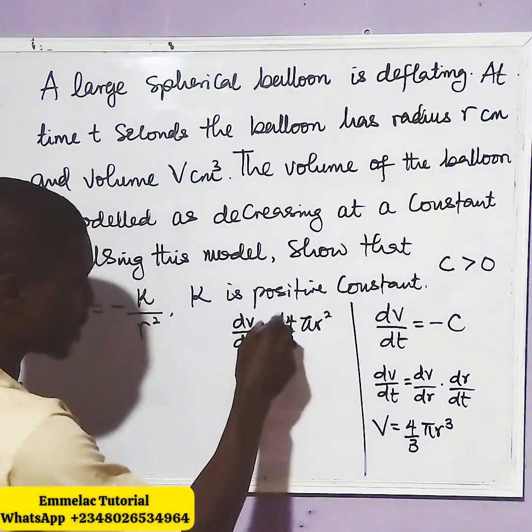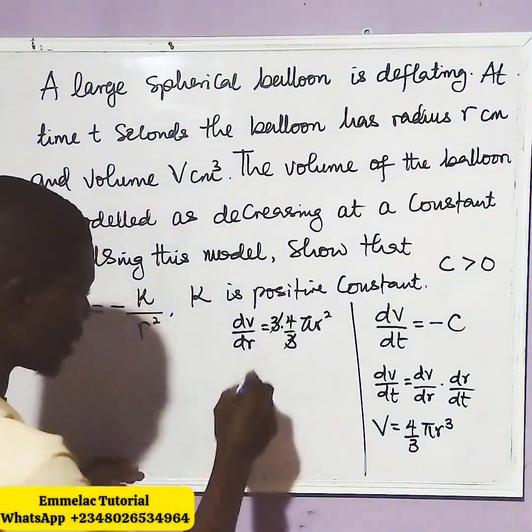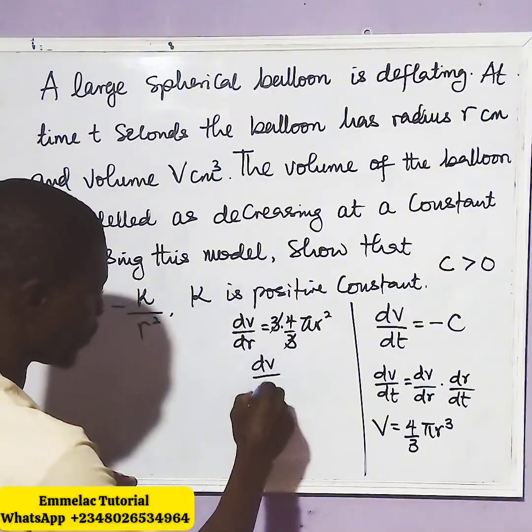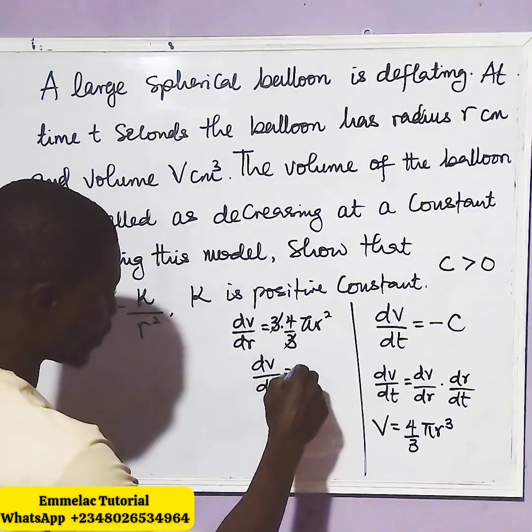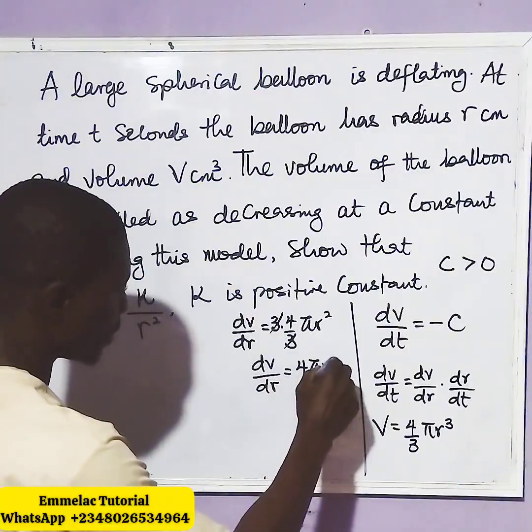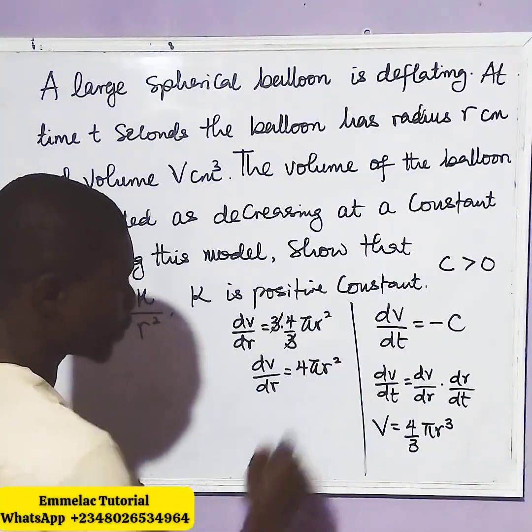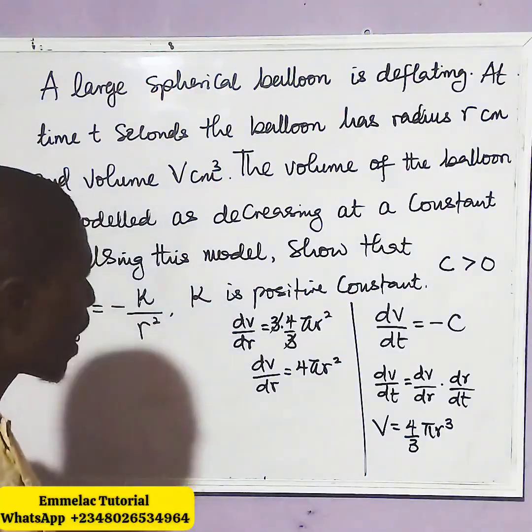This will cancel out, so we are left with dV/dr equals 4 pi r squared.